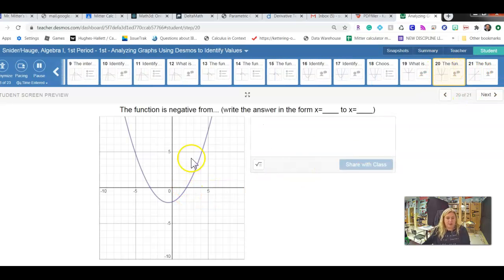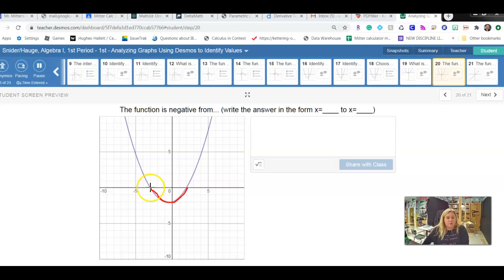Slide 20. Where's this negative from? Right, here's quadrant 1, quadrant 2, quadrant 3, quadrant 4. We're looking at the x-axis, and we want to know what is below, right? What's underground, if you will, if you go back to the roller coaster problem. So where's this thing going underground in a tunnel? It's from here to here, right?